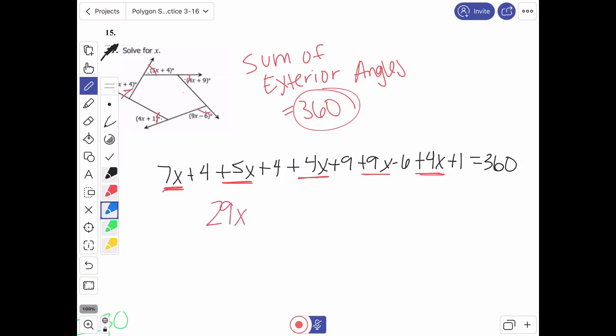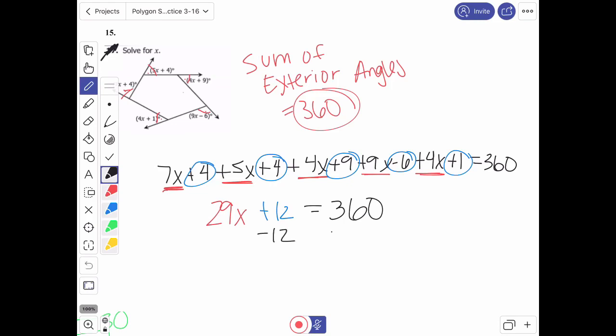Then if I look at my numbers, I have 4 plus 9 minus 6 plus 1. You should get 12, so 29x plus 12 equals 360.